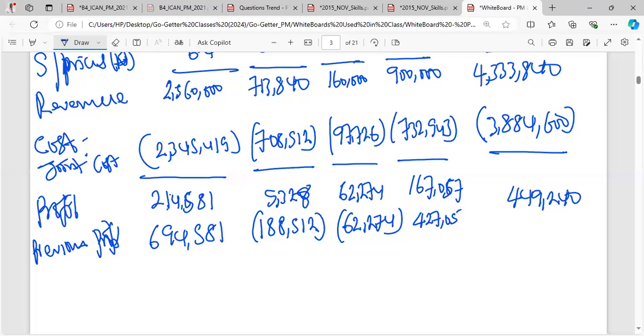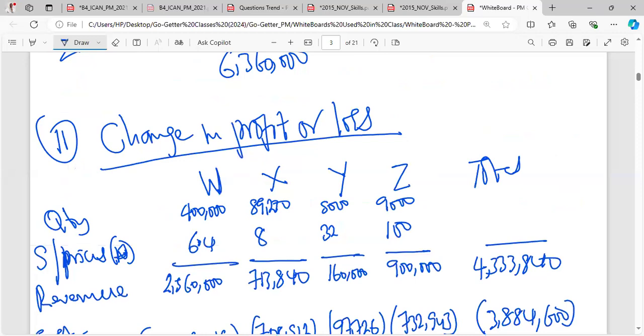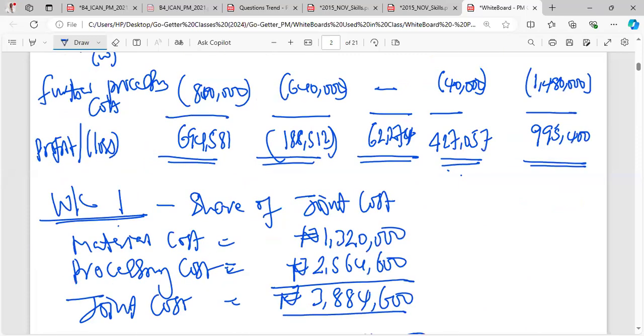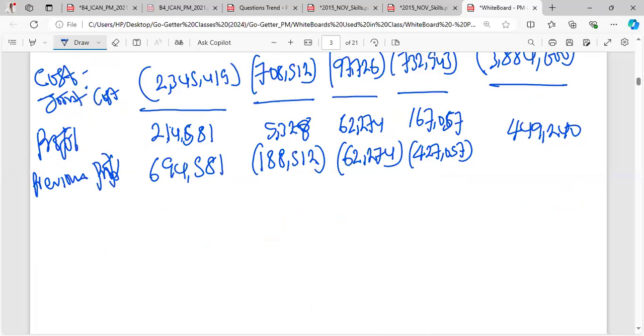And what's the total there? 995,400. Sorry, why was I putting all of this in brackets?